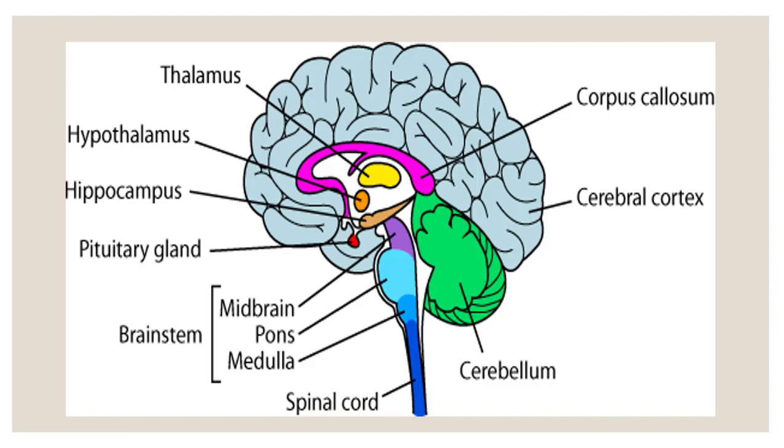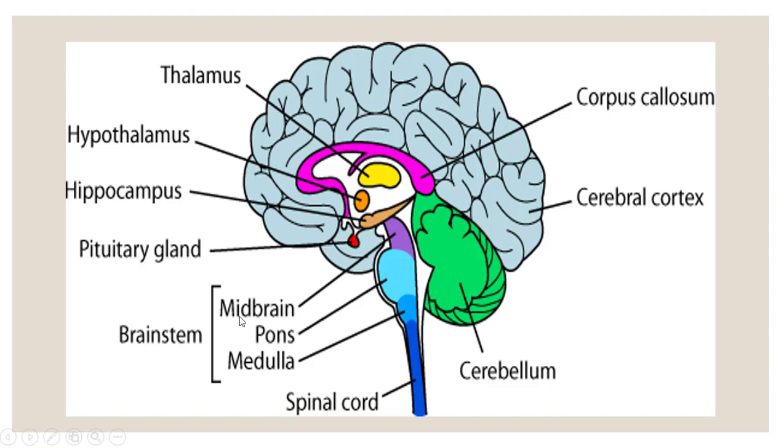What is the function of the thalamus and the hypothalamus? The thalamus is an important center for coordination of sensory nerve impulses that reach it on the way to the cerebral cortex. Next, the hypothalamus consists of many centers that control reflex actions, like hunger, thirst, sleep, and body temperature. We will talk about it in the next lesson.